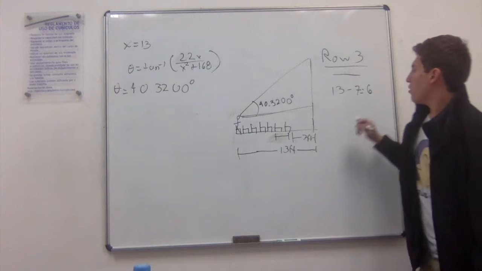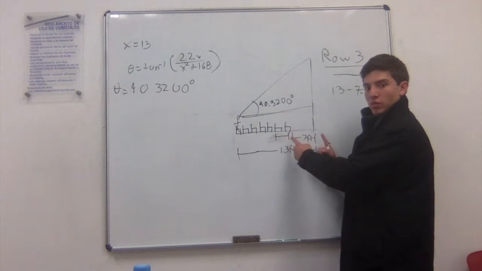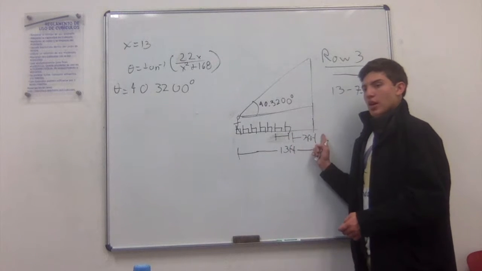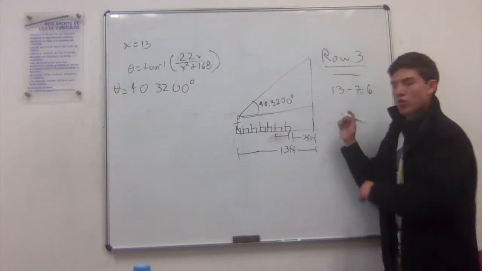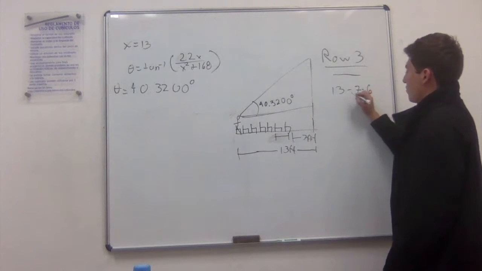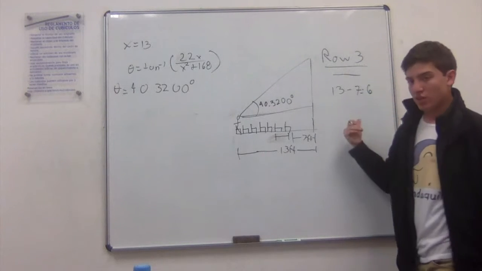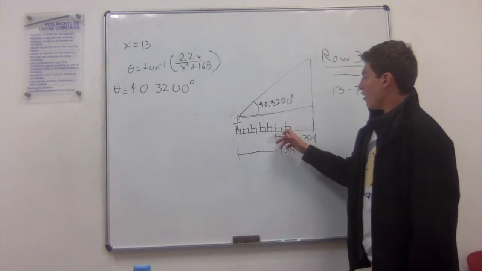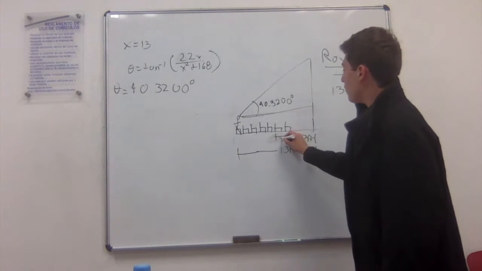Why? Simple. Because we have the first section, between the first seat and the wall, which is 7, so 30 feet is the total, and 30 minus 7 is equal to 6. And the distance between the rows is 3.